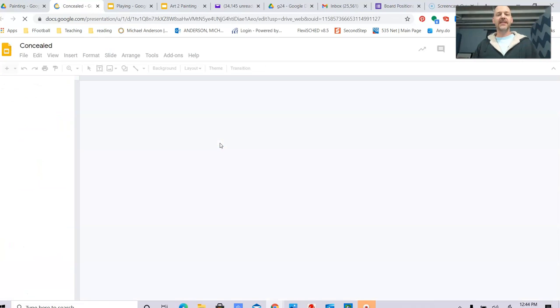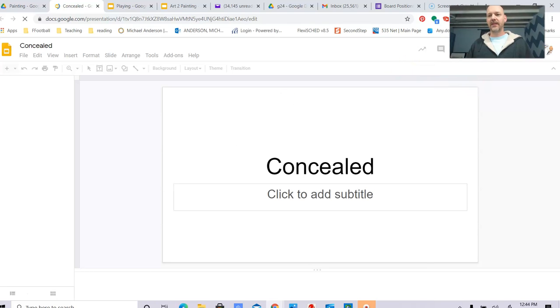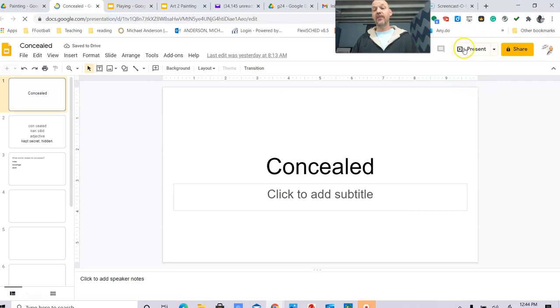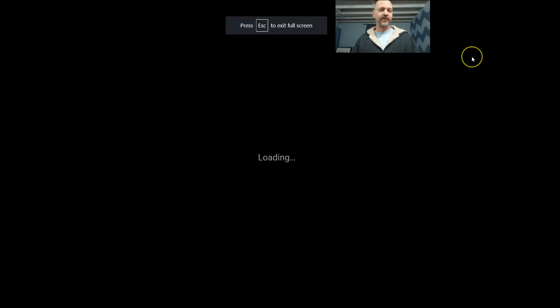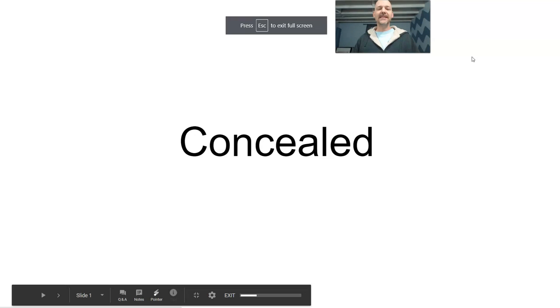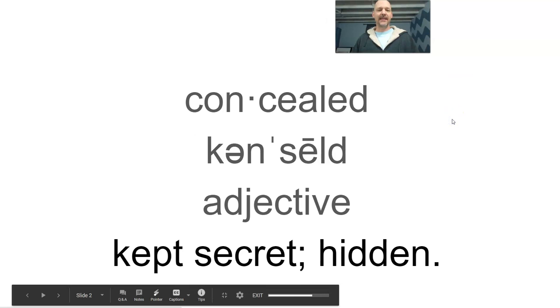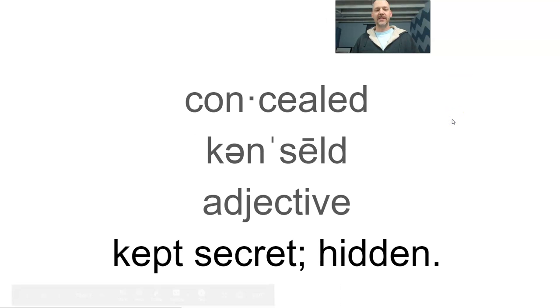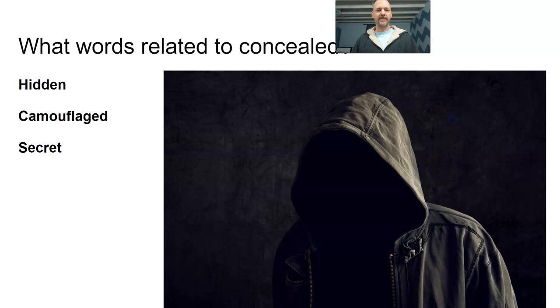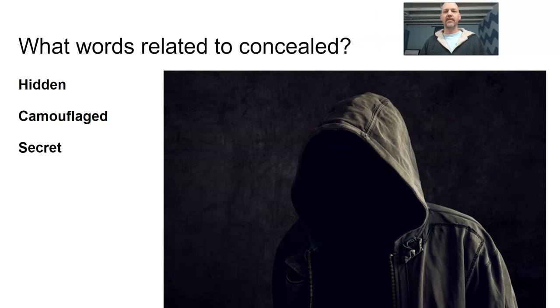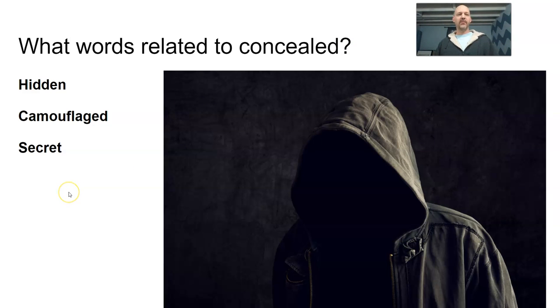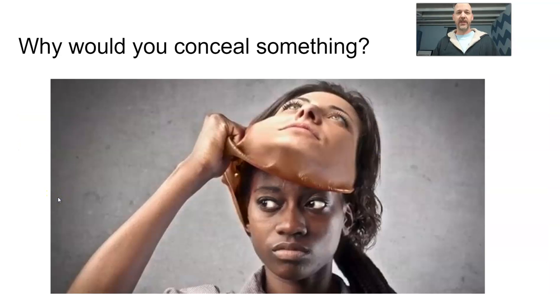Your other option theme is conceal. This is one of my favorites. Actually, both of these are pretty darn good. Concealed, so something that is hidden or kept secret. So, some related words. Camouflage, right? And why do we conceal things?